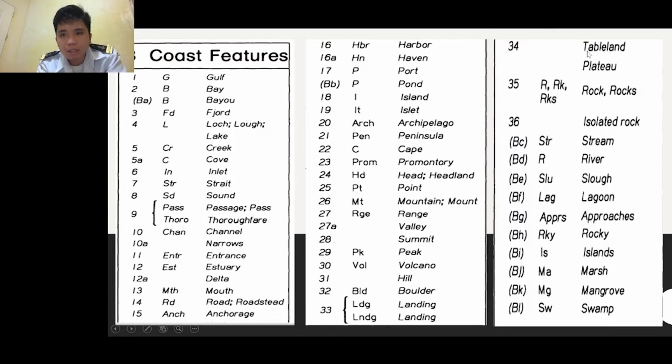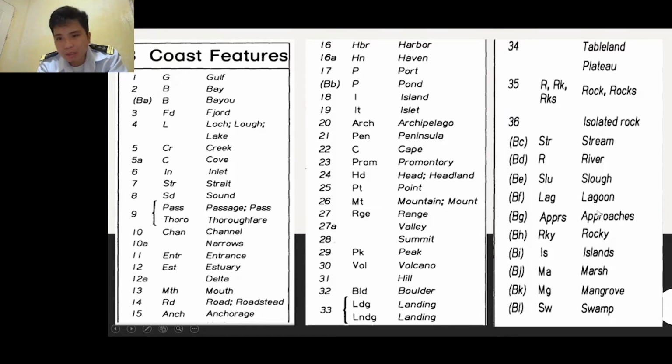Then we have here tableland, plateau, RKS. It can be either plural or singular, so that means rocks. We have our isolated rock, STR stream, R river. Most of the time rocks usually use RK or RKS. R river, slow, lagoon, APRS approaches.